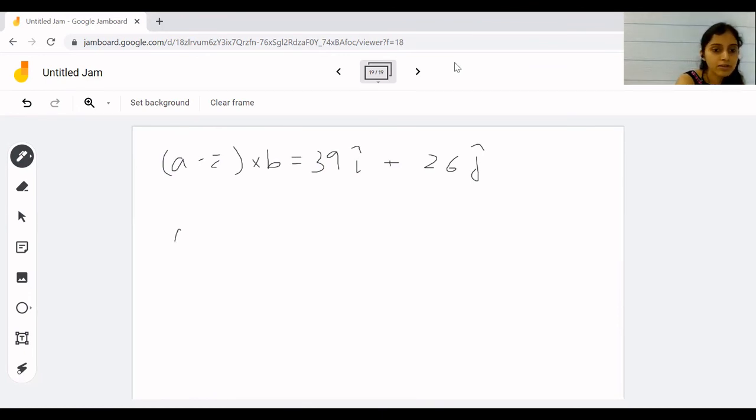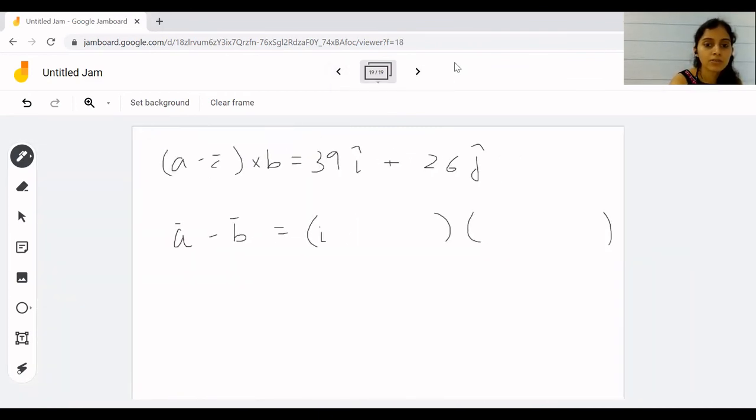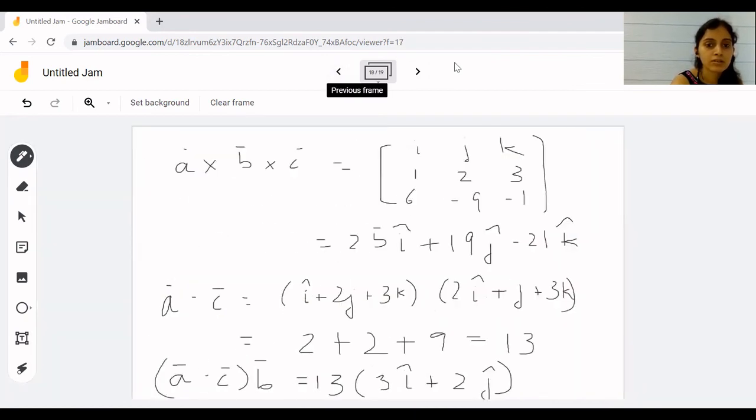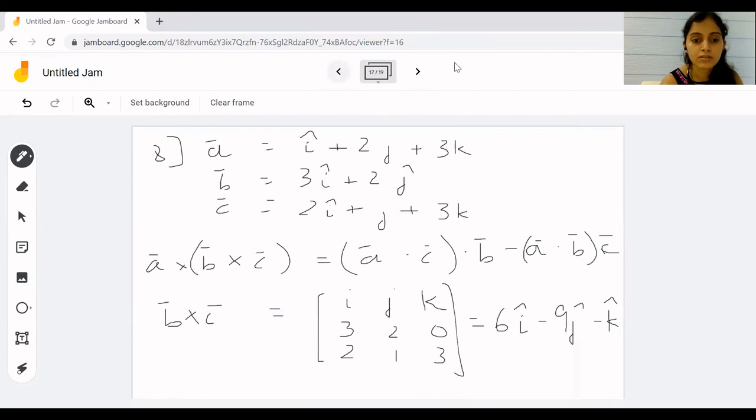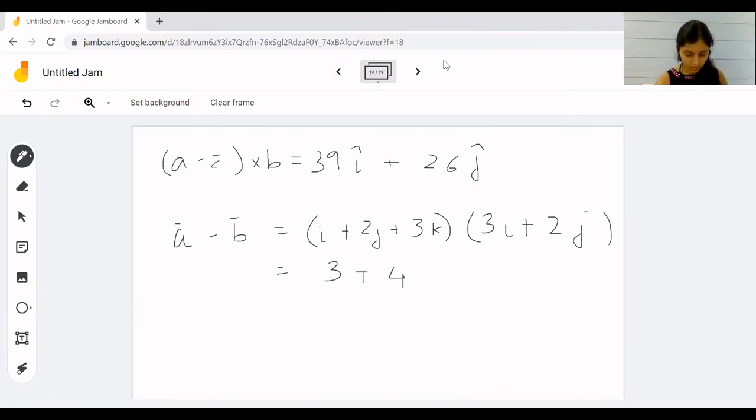Now a bar dot b bar. Let's take the dot product of these two vectors now. So what is a bar? i plus 2j plus 3k, and 3i plus 2j. Okay. So basically i into i, that is 3, j into j, that is 4. k is not there, so 0. 3 plus 4, that is 7.